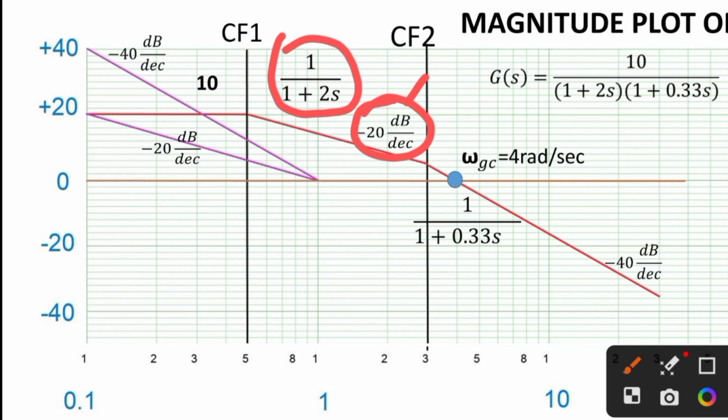So draw a line parallel to the reference line of minus 20 dB per decade; these two lines are parallel. Drawing from the first corner frequency, that is at 0.5 and 20 dB, draw a parallel line from the first corner frequency to the second corner frequency.